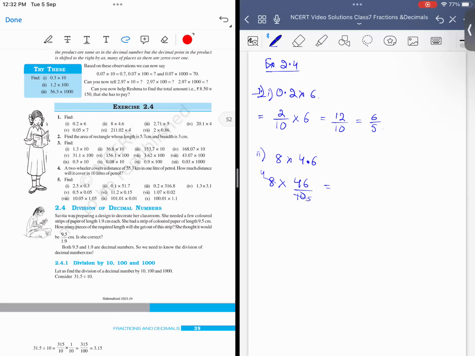So 46 into 4 is what? 4 sixes are 24 and 4 fours are 16, so 184 by 5, which is an improper form, and you can then convert it to what? A mixed form. So the mixed form will be 3 and 15, and then 24, 4 times. It is 4 by 5.